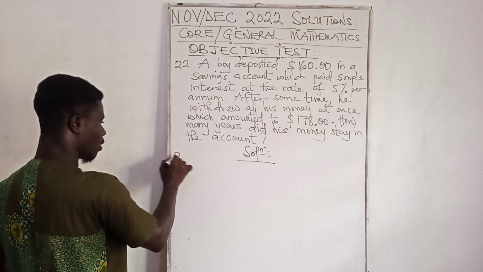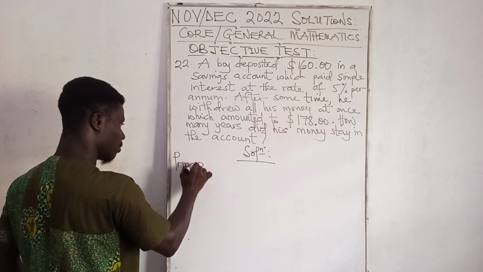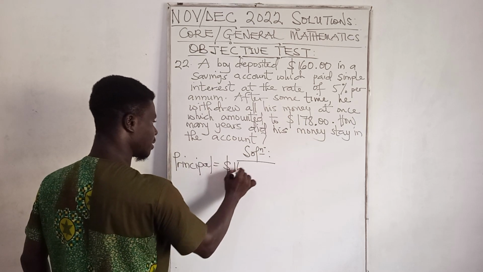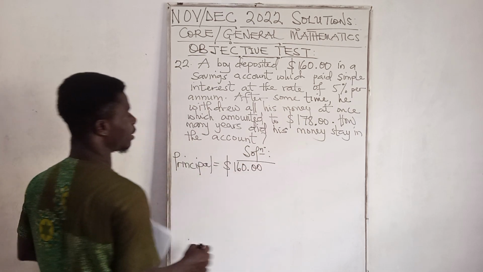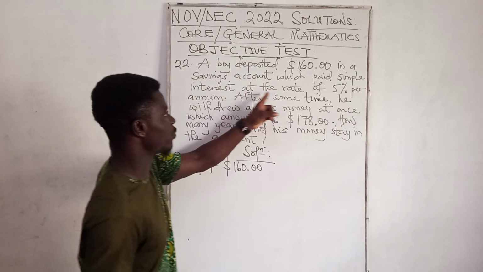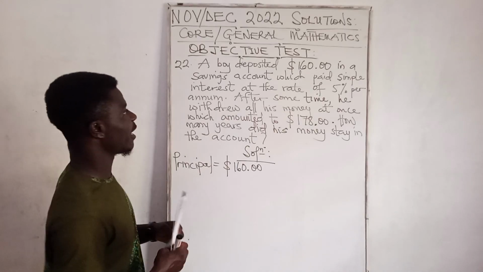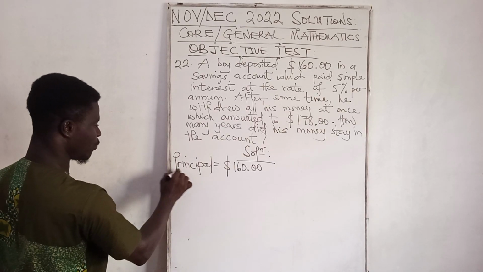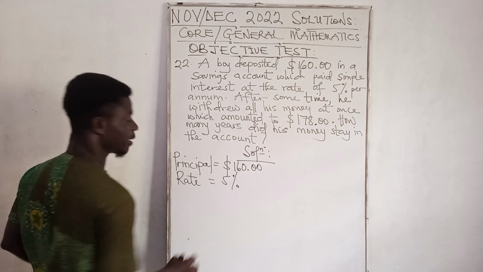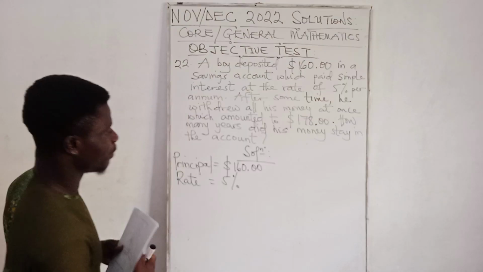So we can call it the principal, which is $160. In a savings account which paid simple interest at the rate of 5% per annum. So that's the rate, which is 5%. Rates must always be in percentage.